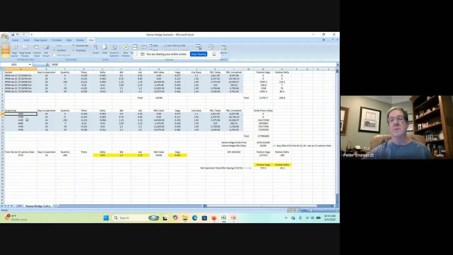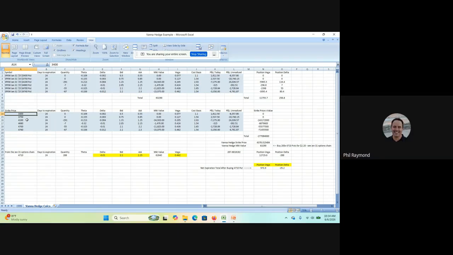So delta is the portfolio position with respect to the underlying, and Vega is the portfolio position with respect to implied volatility. If Vanna is the measure of both of those together, a Vanna hedge should therefore minimize both of those. So it naturally follows that you expect delta to get close to neutral as well. That's exactly right.